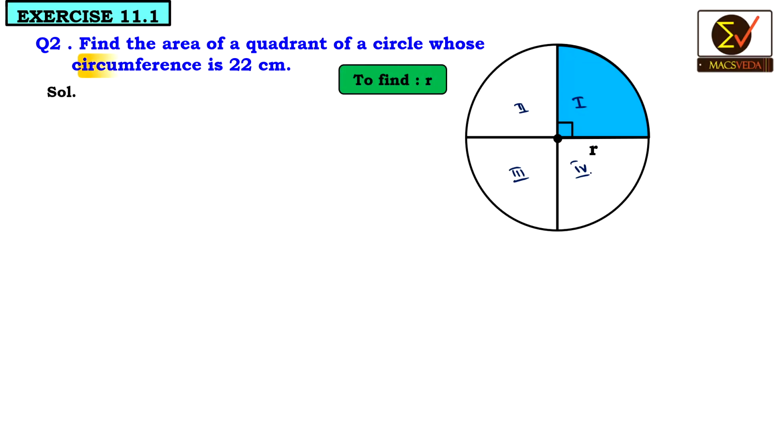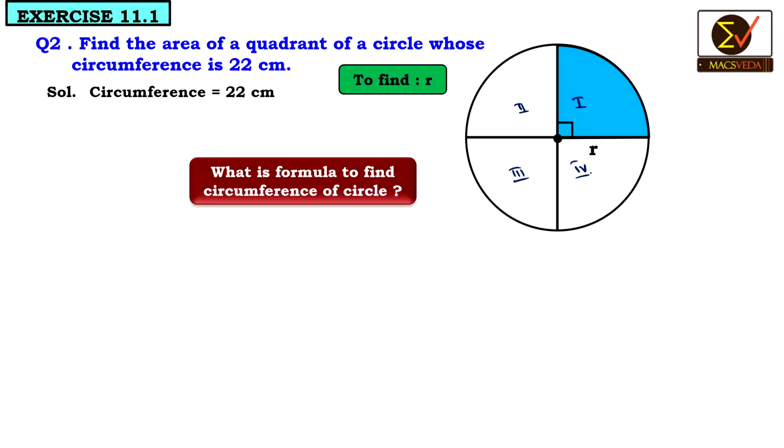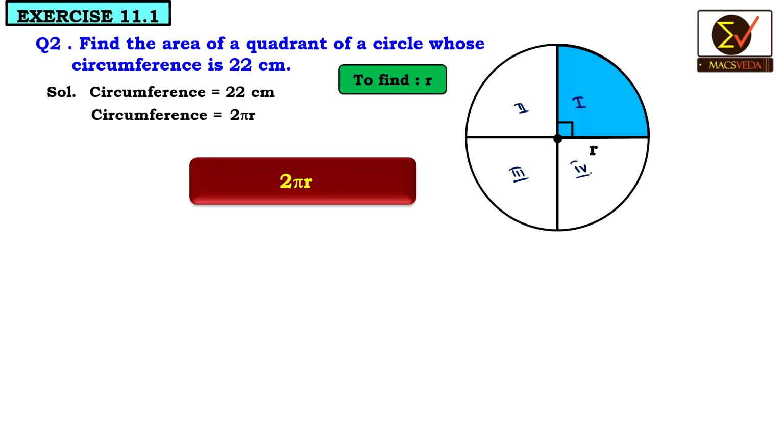Now in the problem, circumference is given as 22 centimeters. Circumference is the curved length of the circle. So circumference is 22 centimeters. But what is the formula to find circumference of the circle? The circumference of the circle is given by 2 pi r.